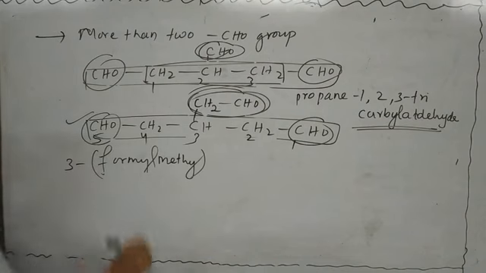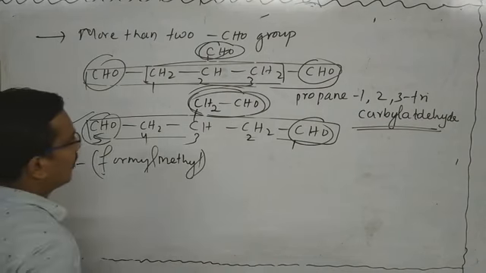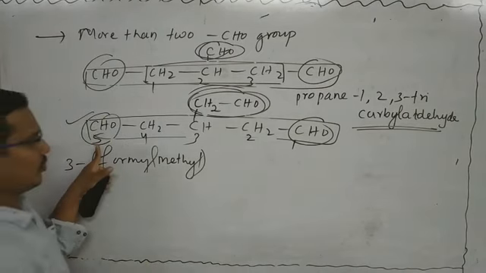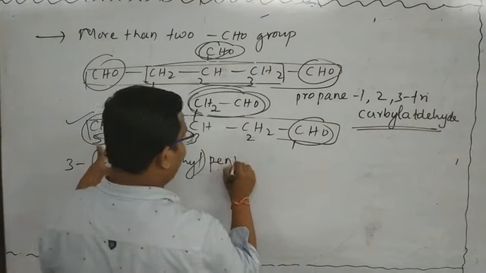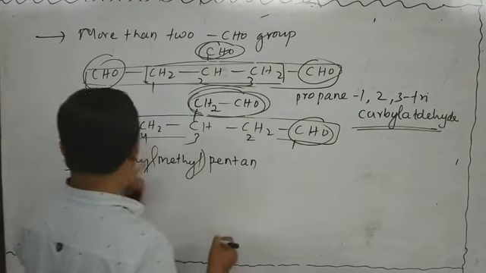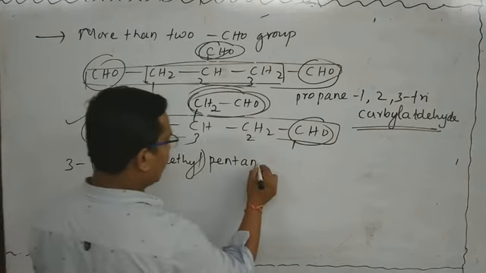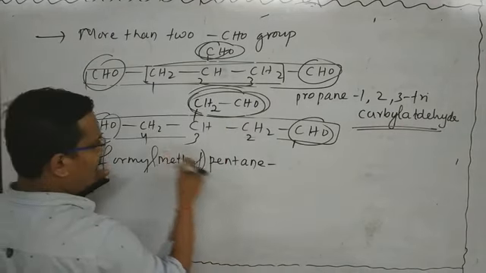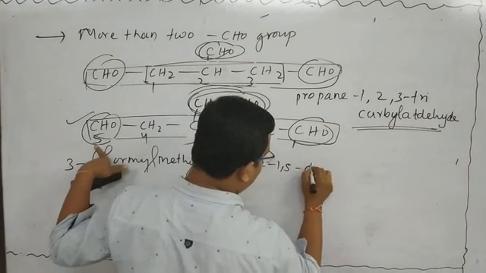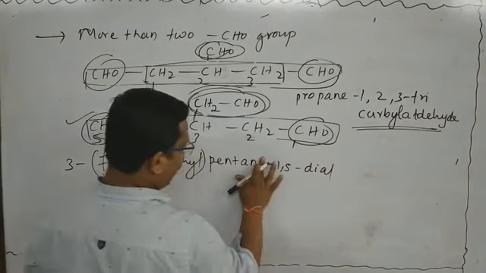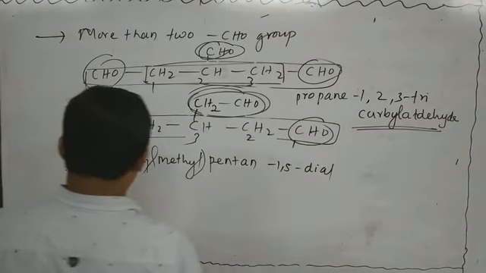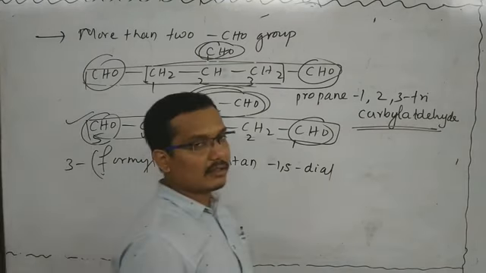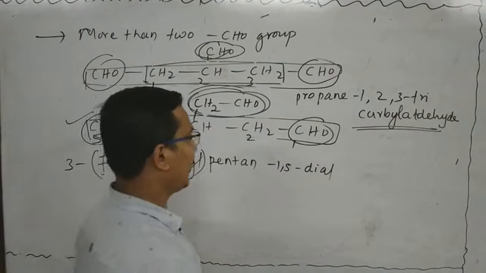So it is 3 formyl methyl, and since 5 carbons are present, you can give the name pentane. Whatever is 1 and the other is 5, so that is 1,5 diol. So finally we get 3 formyl methyl pentane 1,5 diol.